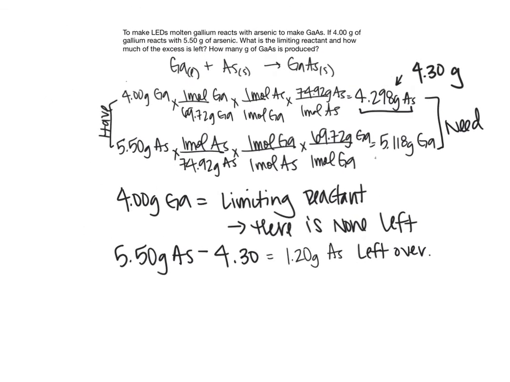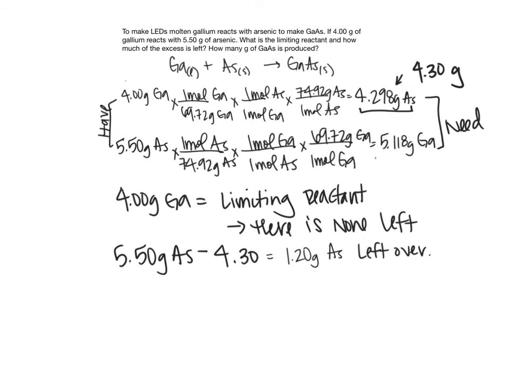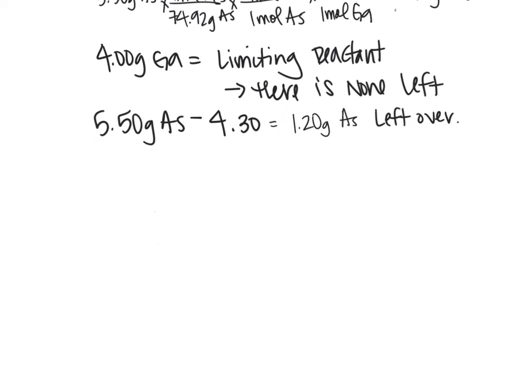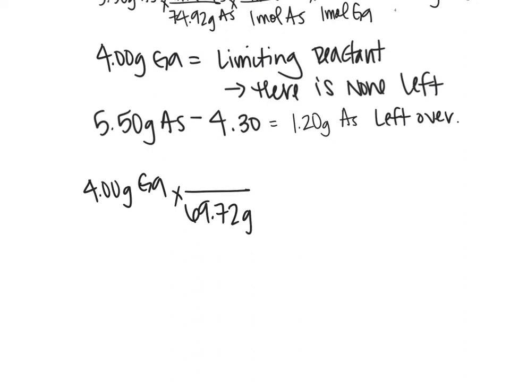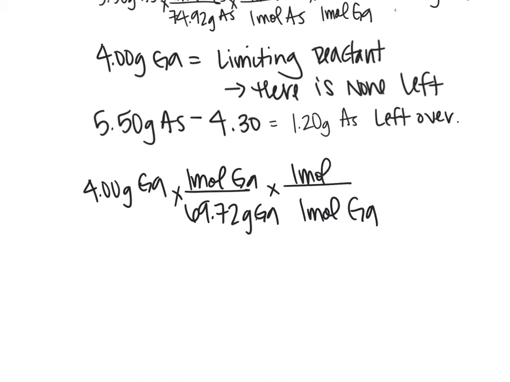And the last thing the question asked is, how many grams of gallium arsenide is produced? Well, now we need to convert our 4.00 grams of gallium to gallium arsenide. So there are 69.72 grams of gallium in 1 mole of gallium. And there's 1 mole of gallium for every 1 mole of gallium arsenide.